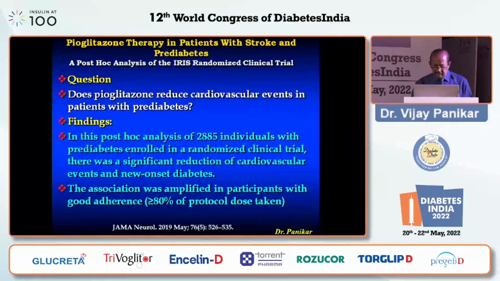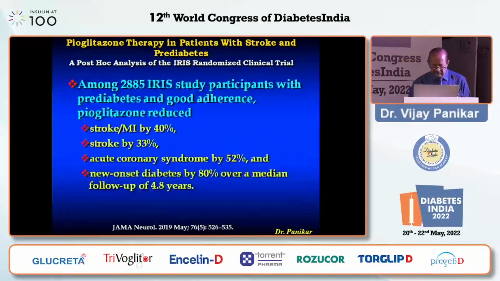But look at this. This was the ad hoc analysis of the IRIS, about 2,885 patients who had pre-diabetes. They were not diabetic, but they were pre-diabetic, with either an impaired fasting glucose, impaired postprandial, or a HbA1c in the pre-diabetic range. And what did they find? Their combined stroke and myocardial infarction reduced by 40%.